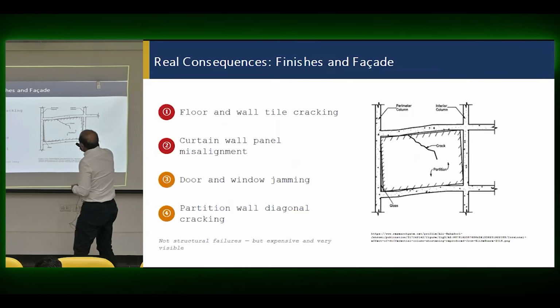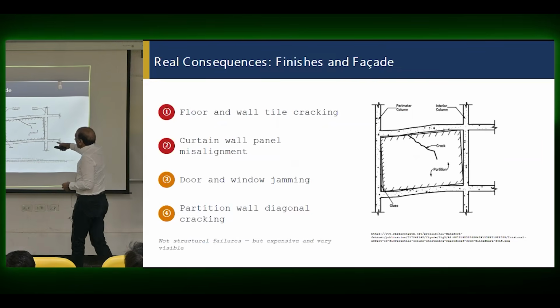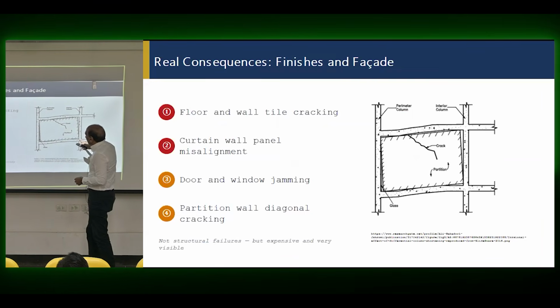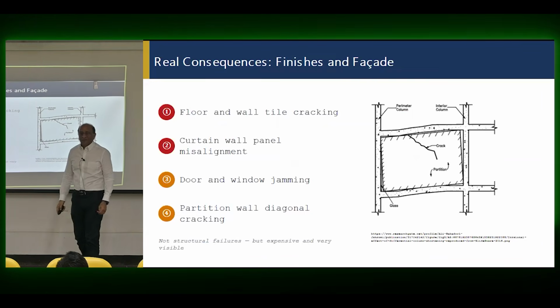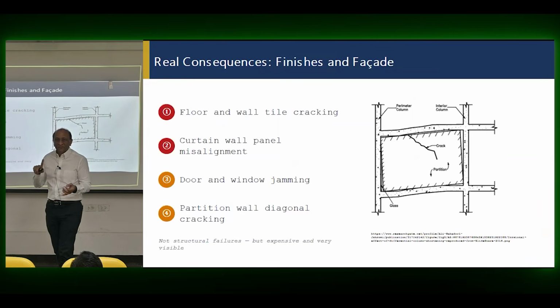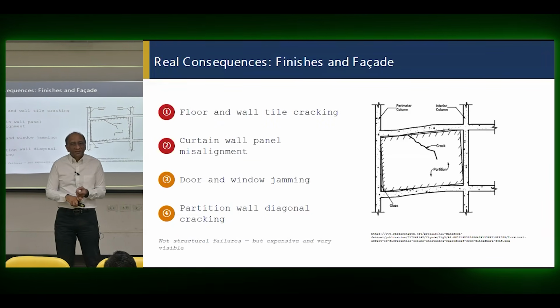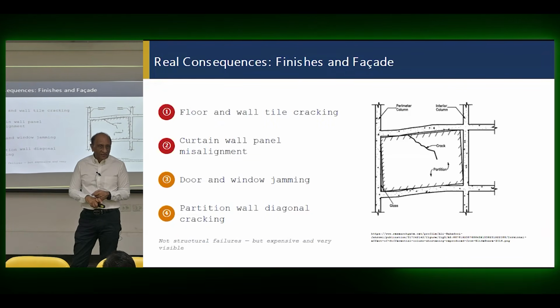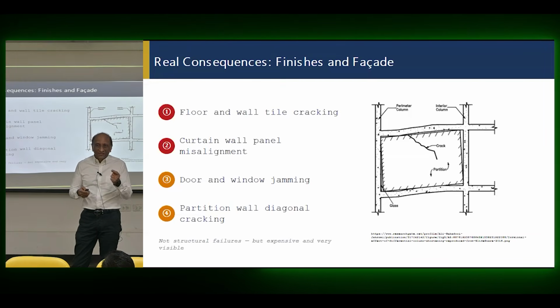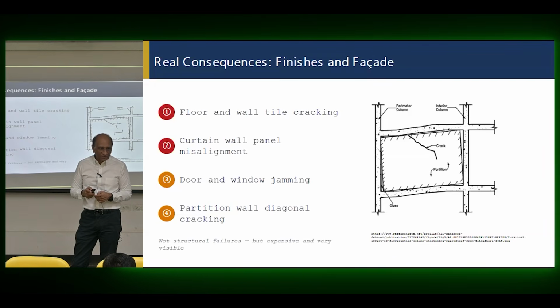And the problem is this one, because of this cracking or the floor leveling and the effect on the non-structural elements, the glass, the partitions, the panels, all of that will be critical, and they want to know exactly how much it will be so they can design their systems to accommodate that deflection.